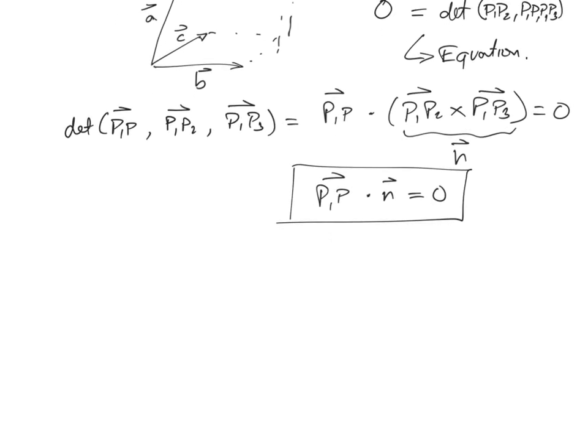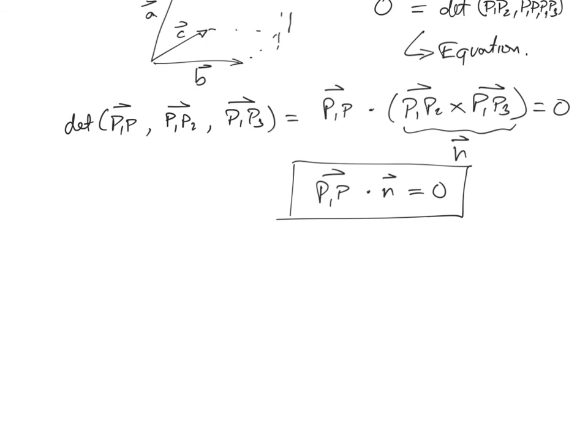So let's make this generic now. We're going to forget about P1, P2, and P3. All we need is to solve this equation where we have a vector that is normal to the plane, and we've got a point on the plane. Remember that P1 is a particular point on the plane, and we know what it is.